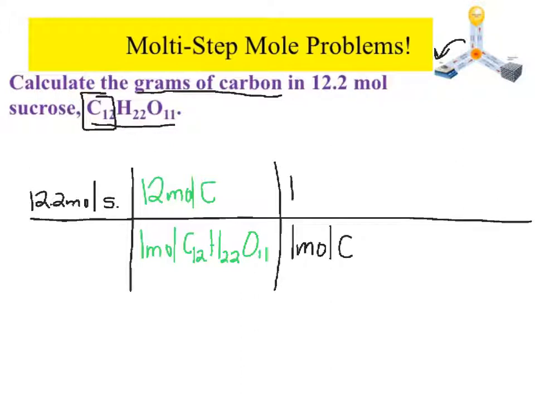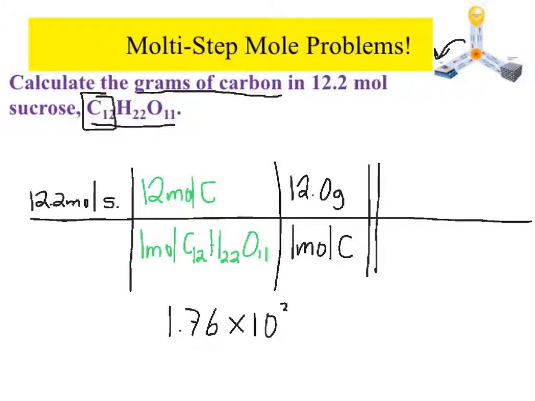It's going to be 12.0 grams, which is 12 grams per mole. That's the molar mass. And so I'm done. And after I calculate, I do get an answer of 1.76 times 10 to the third grams of carbon.